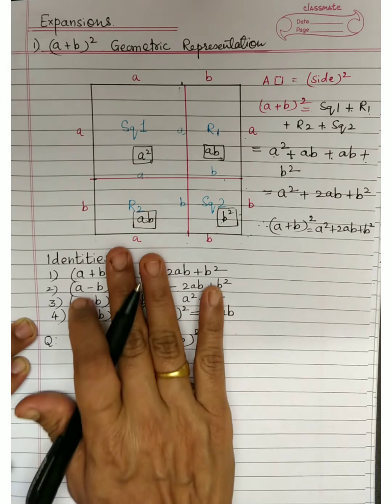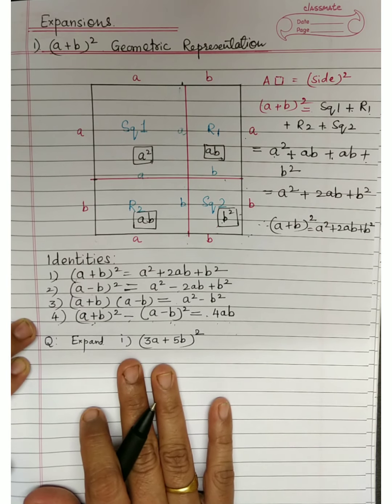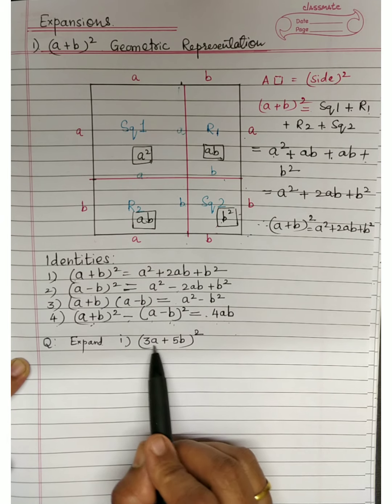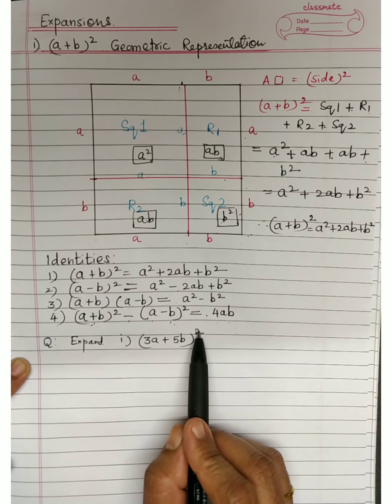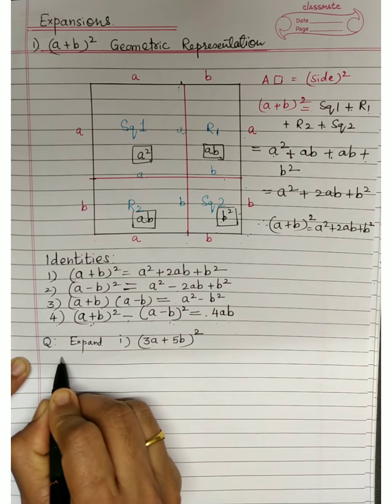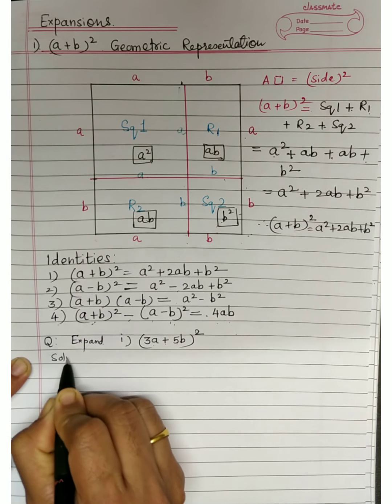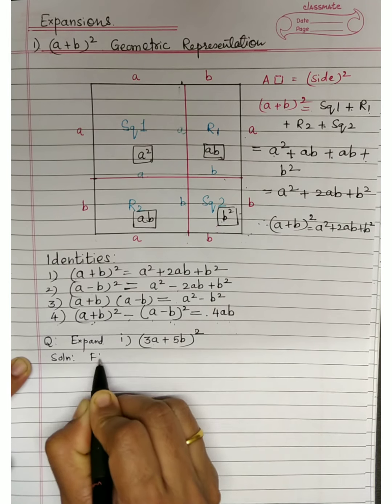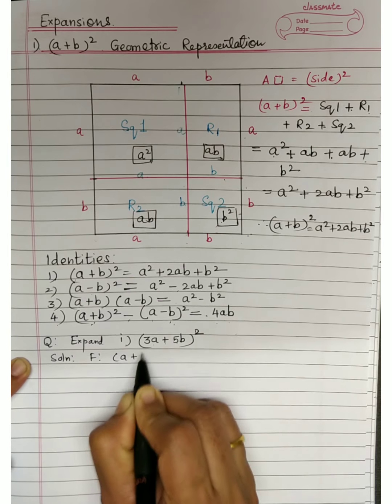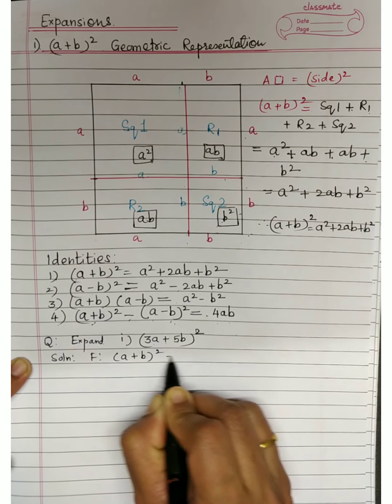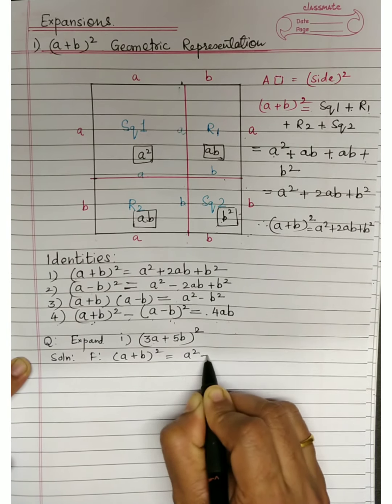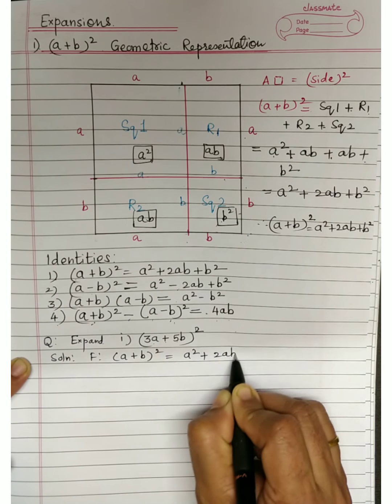First observe, out of the 4 identities, which one is applicable here? First term plus second term the whole square. So write down in the solution, first step, write down the formula. Which formula are we going to use here? (a + b) the whole square is a² + 2ab + b².